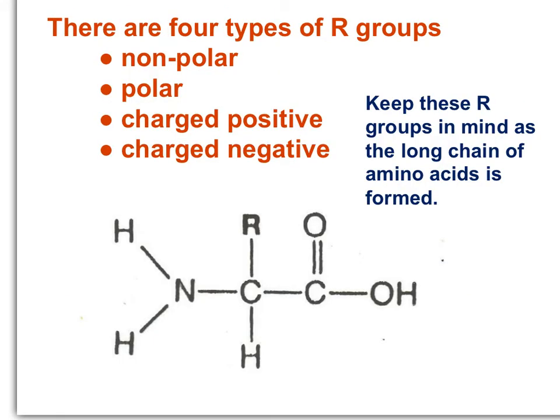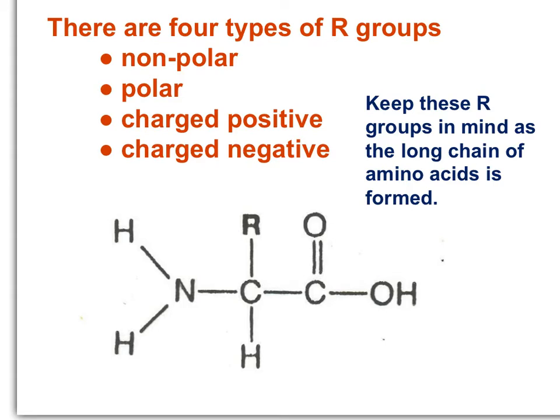Here is a single amino acid again, but an important point needs to be made. The R groups can be nonpolar or polar, or charge positive, charge negative. The characteristics of the R groups that make up protein determine the shape of the protein or determine the solubility of the protein. The character of the R groups is very, very important when considering the function of the polypeptide.